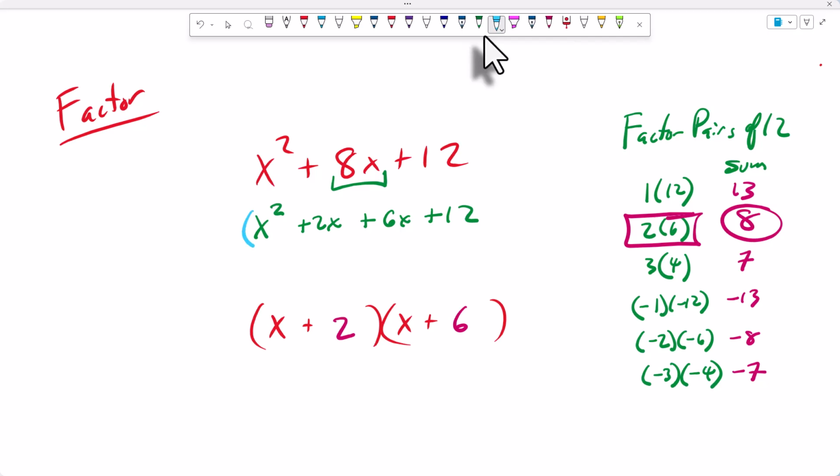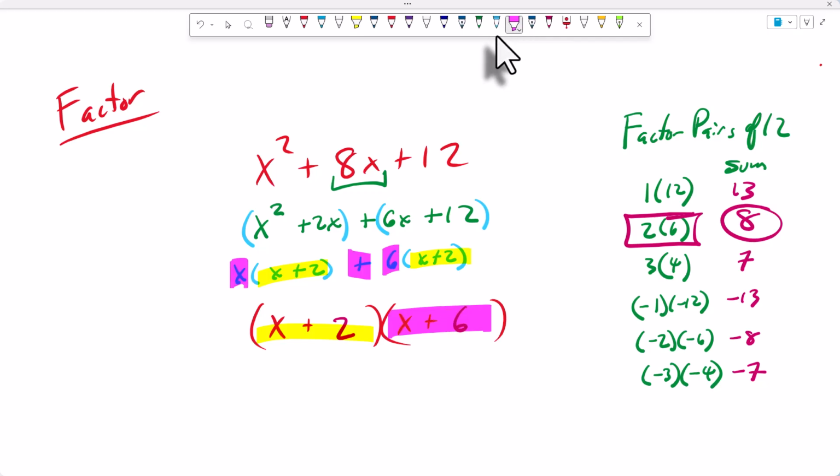By grouping. So watch when we group. Got x times x plus 2. 6 times x plus 2. And then we have this common factor, which is right here. And then the x plus the 6 is right here.